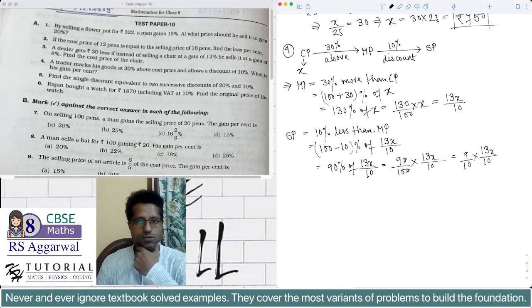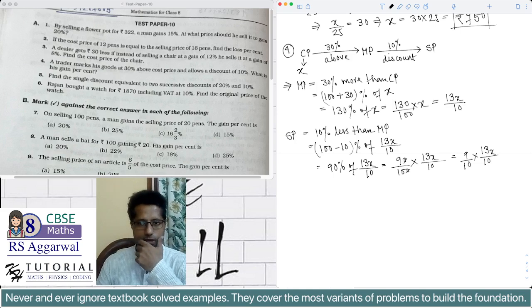Trader marks his goods at 30% above. So the mark price is 30% above X. So mark price is 100 plus 30% of X, which is 130%, which is 130 by 100 into X, which is 13x by 10. Okay. And there is a discount of 10% on the mark price.